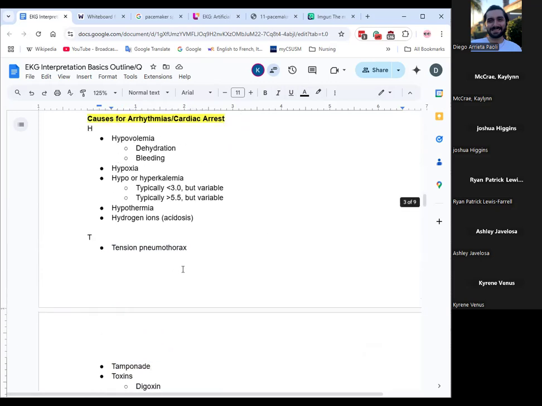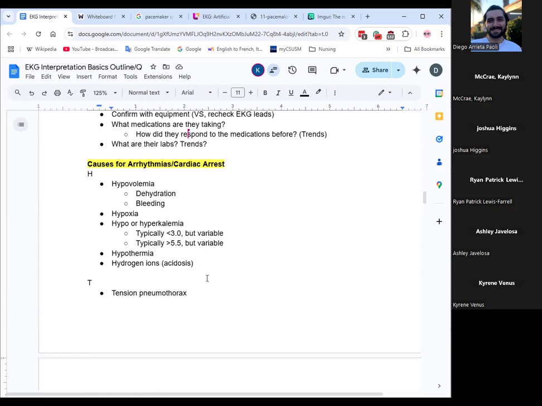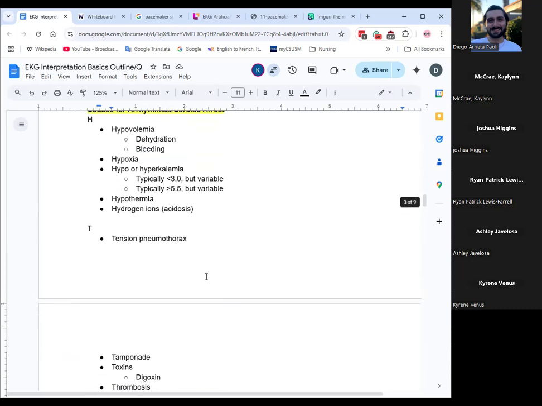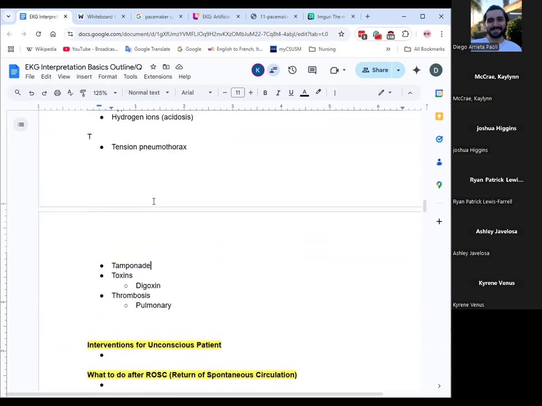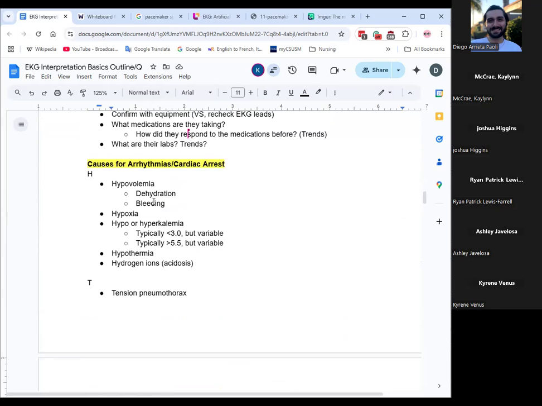I don't think you have to hard memorize it, but you should get a general idea of what can cause it. If you can recognize it, that'd be great. If you see it, you can reason with yourself, this makes sense for how this would cause an arrhythmia.